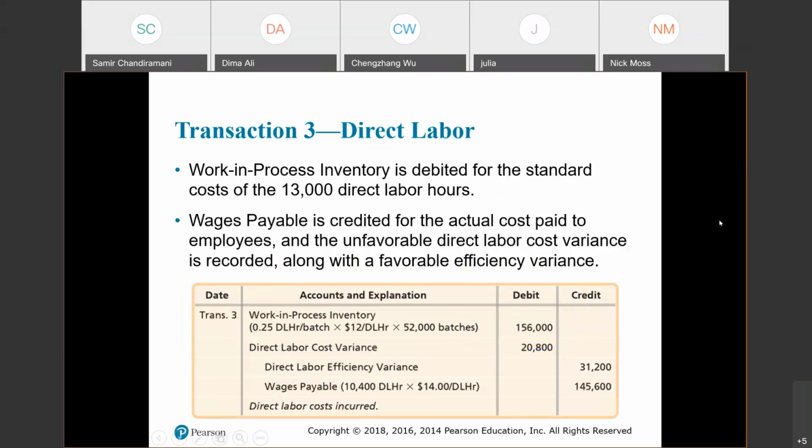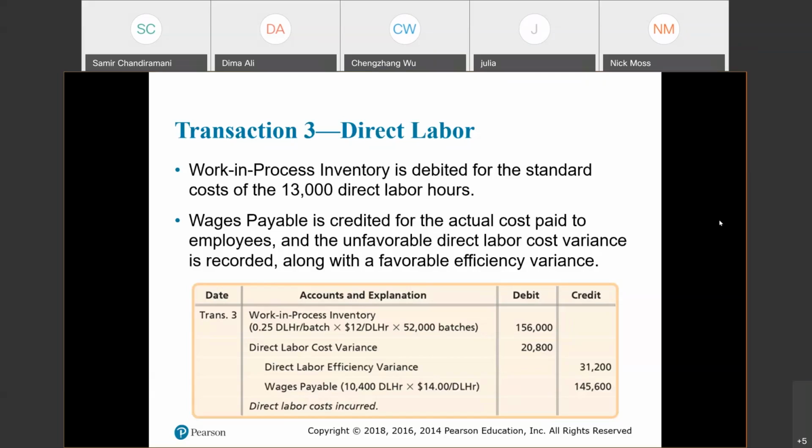The next transaction is direct labor. In transaction 3, WIP inventory is debited for the $12 per hour standard cost of the 13,000 direct labor hours that should have been used for 52 batches, which is the standard quantity.